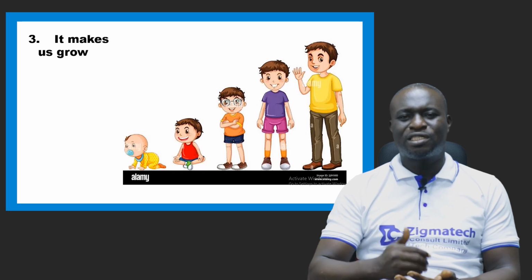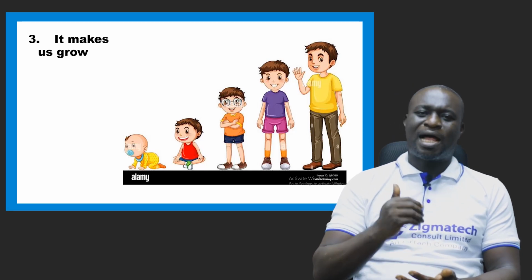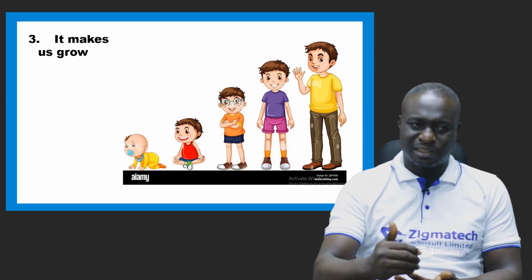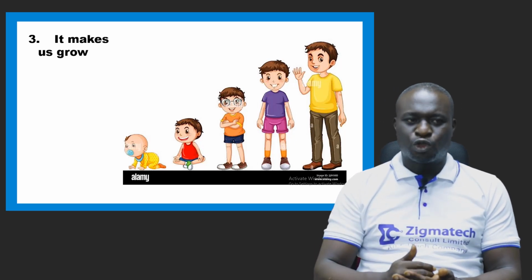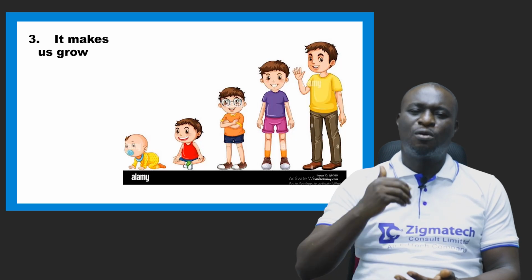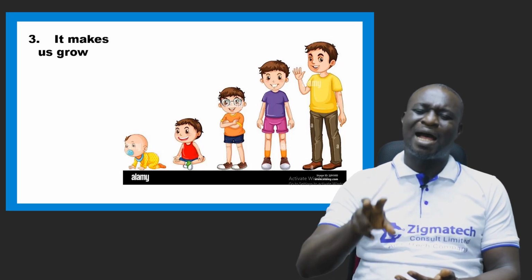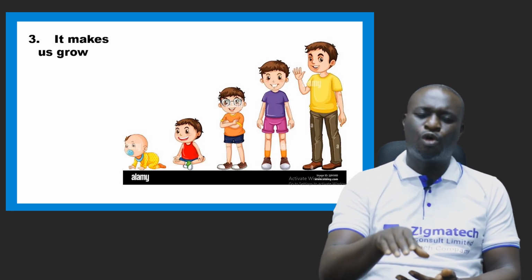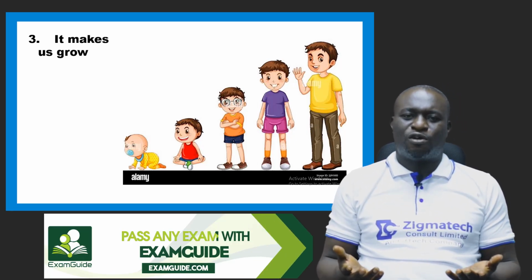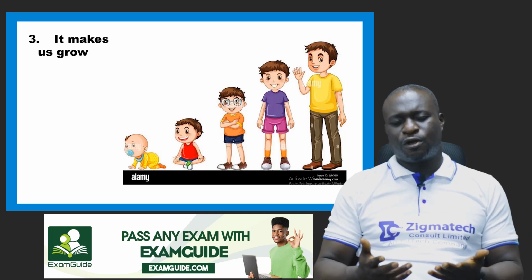One of the reasons for poor growth is malnourishment, or if you can say malnutrition, better. So malnutrition plays a major role in the development and growth of the body.